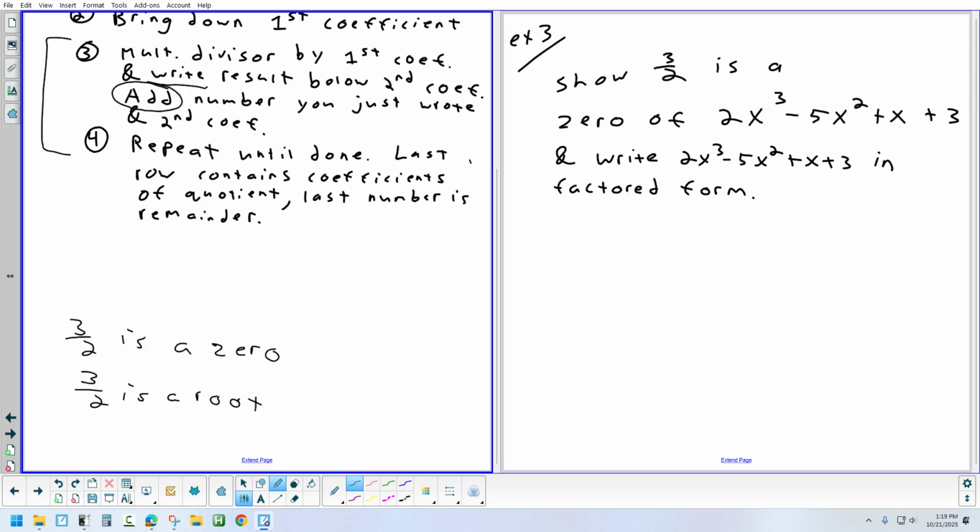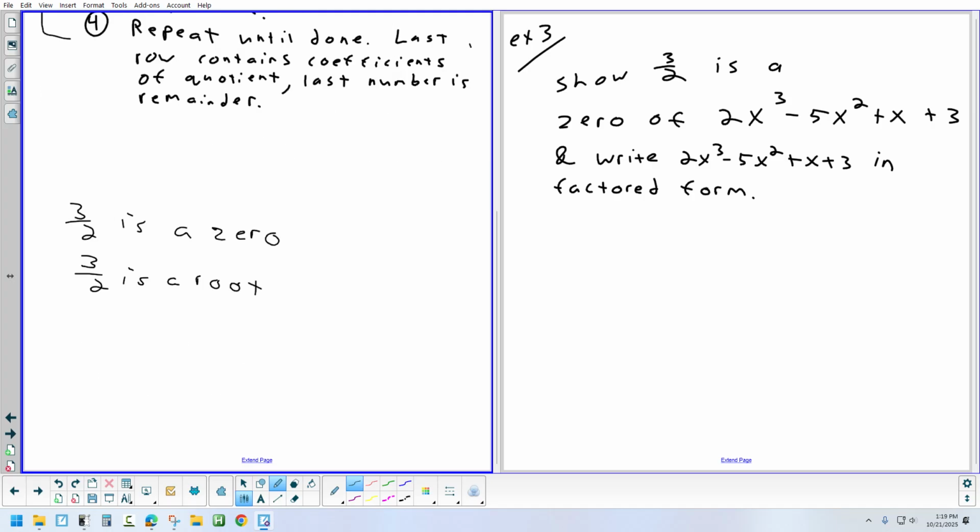But we did say that one too. Yep? The factor. Yes. So if 3/2 is a root, then what would be the factor? Think about what you could plug that into that would give you 0 as an answer. Yep. X minus 3/2. Yes.